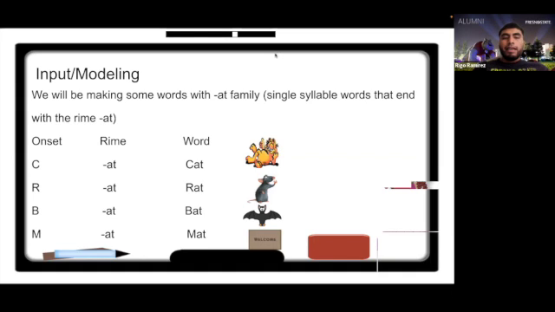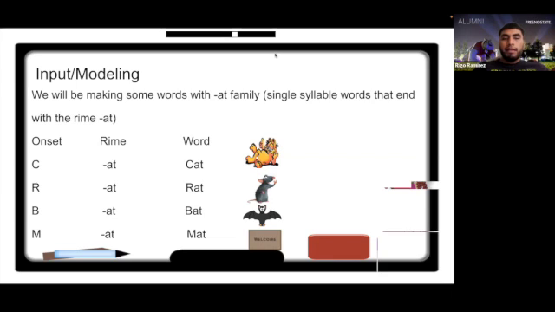Next up, we have the onset R and the rhyme at. If we blend the onset R and the rhyme at, we get the word rat. Next up, we have the onset B, which makes the sound b.